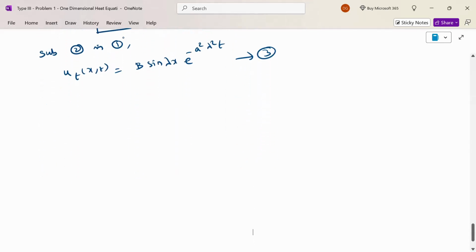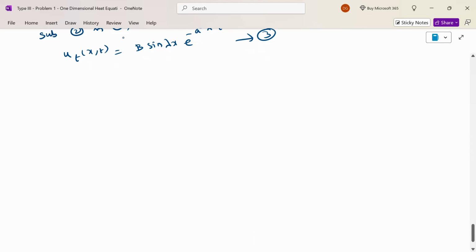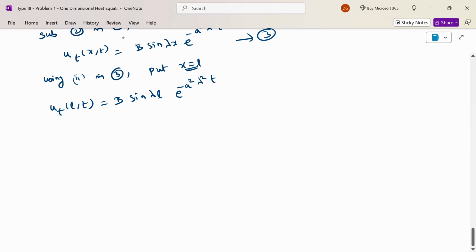And then using condition 2 in the third equation, put x equal to L. So u_t of L comma t equals B sin lambda L e power minus a square lambda square t. Here u_t of L comma t value is nothing but 0.